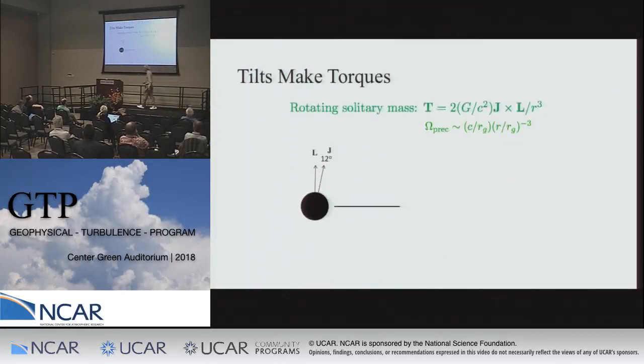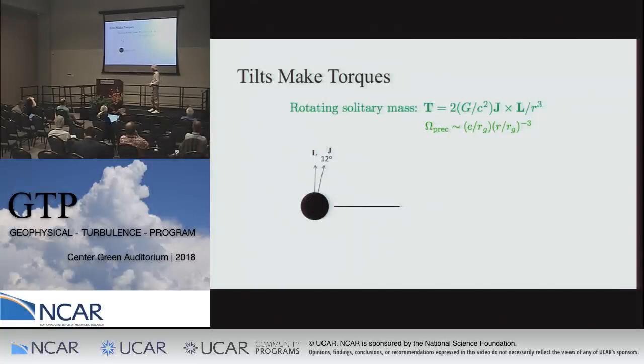Okay, so the idea in these systems is that tilts make torques. The torque is proportional to the cross product of the two angular momentum vectors. It drops off rapidly with radius. If you consider test particle trajectories around a black hole where the angular momentum of the test particle is misaligned, the test particle will precess around the black hole's axis.